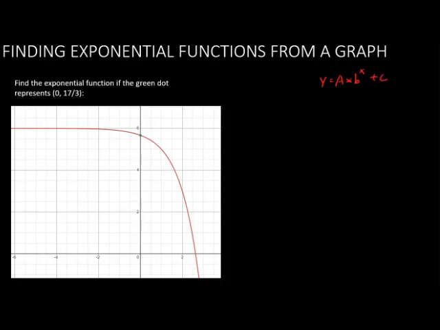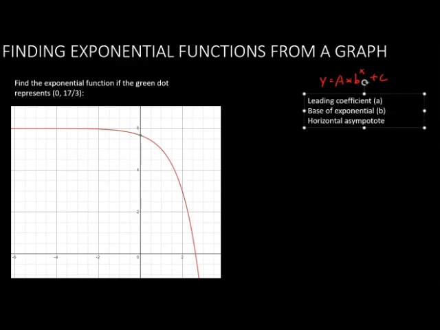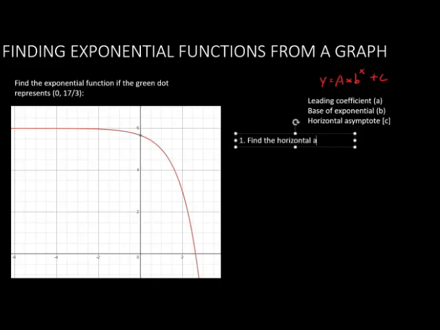Once again, a is your leading coefficient, b is your base, and c is your horizontal asymptote. We can begin by locating the horizontal asymptote on the graph. We can see on the left side of the graph that we have a near horizontal line.